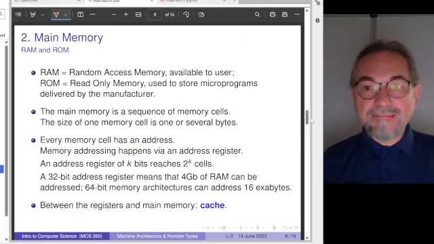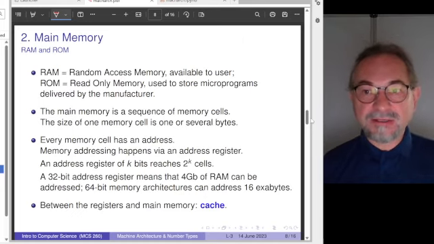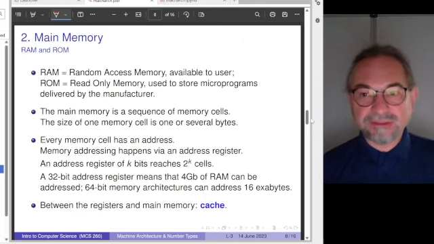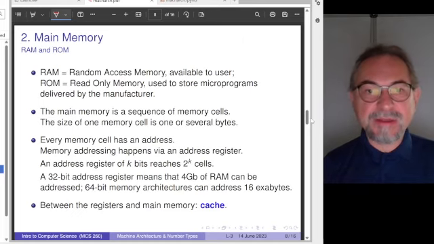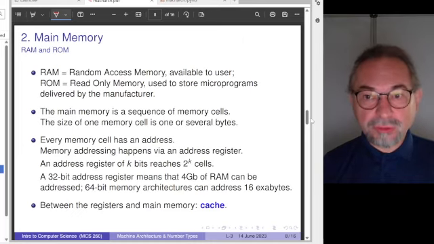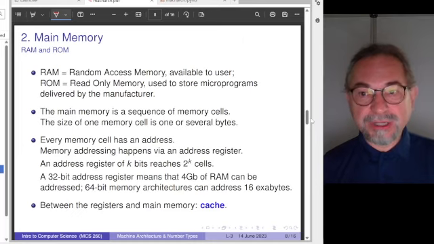So there is main memory. In the last session, we just said this is the random access memory, but the main memory is separated into read-only memory. That stores part of the operating system that actually never changes.